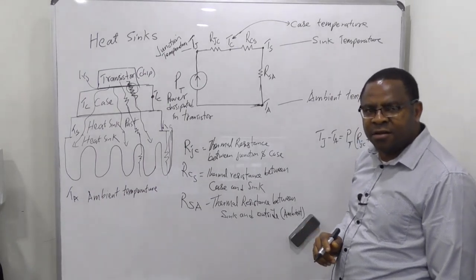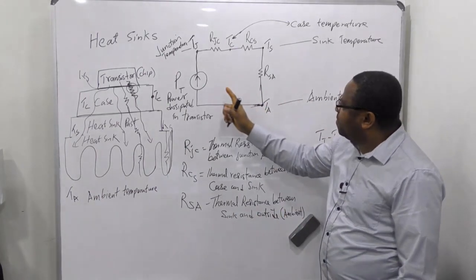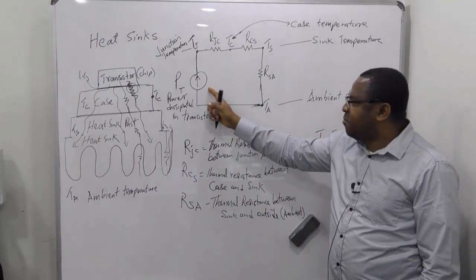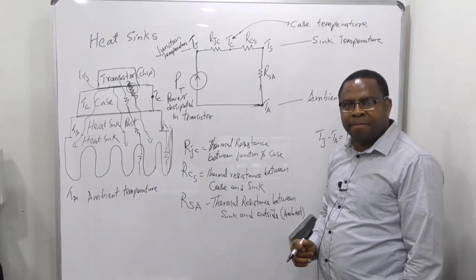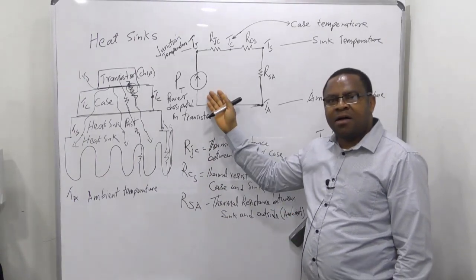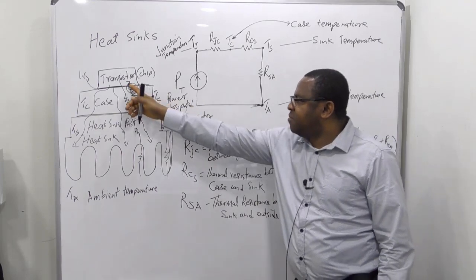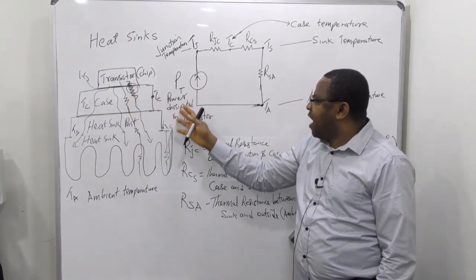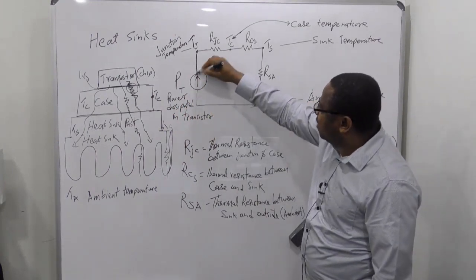All right? So we can easily take the power here, just like current flowing. So we take this power dissipation, the total power being dissipated from the transistor, as the current. All right, that's why we have to put this as if it's a current source.